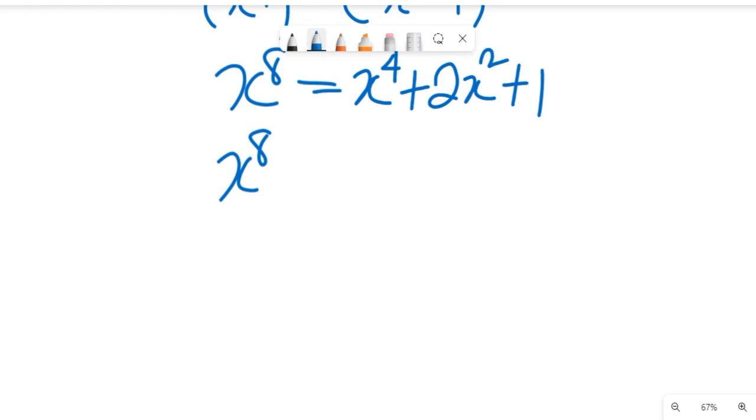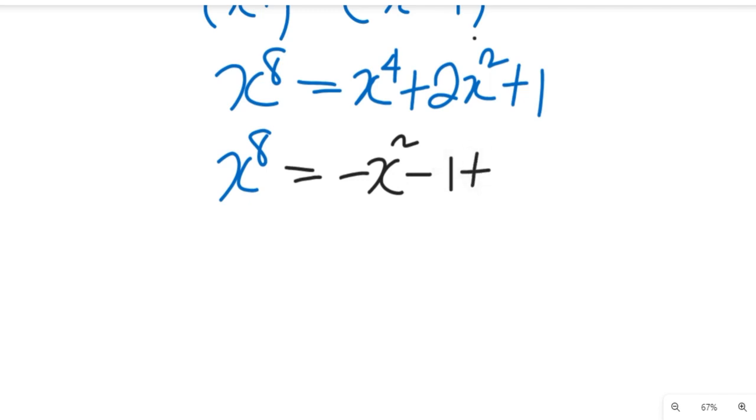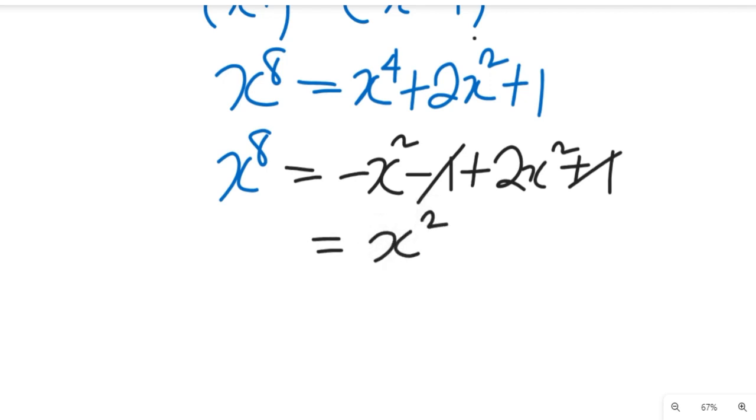Bringing that value into that expression will now give us equal to minus x squared minus 1 plus 2x squared plus 1. On this simplification, minus 1 can clear minus 1, and then minus x squared plus 2x squared will give us x squared, and then we'll find our x to the power of 8 to be equal to x squared.